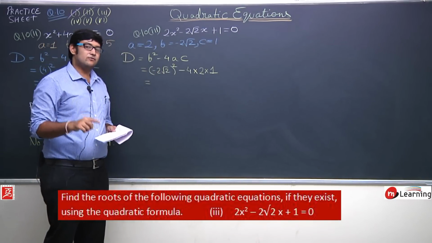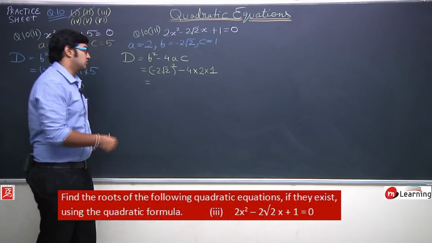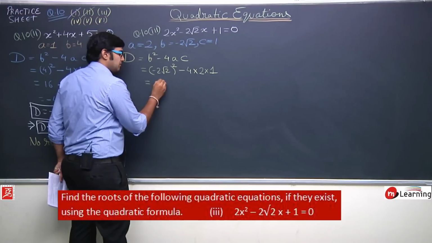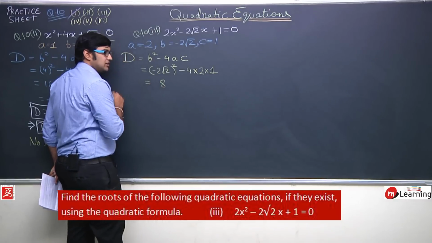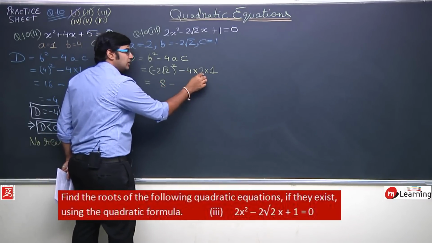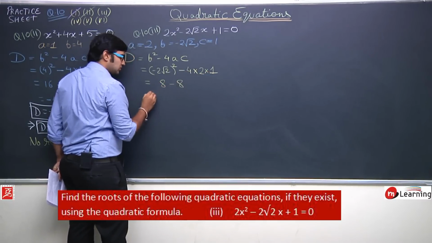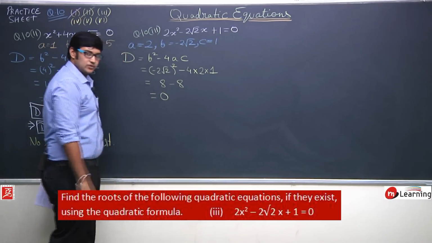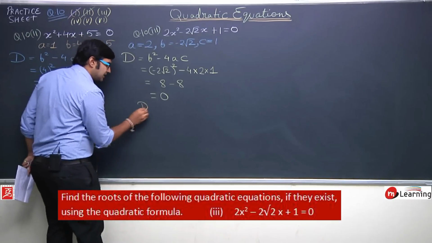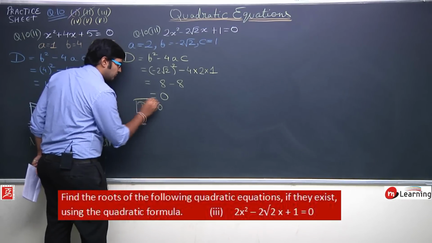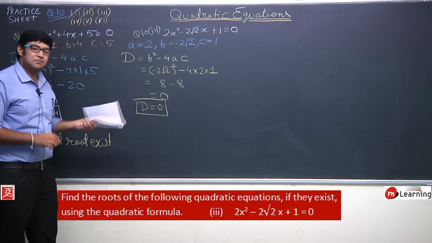So 2 2s are 4, and 4 into 2 will give you 8. So this term will become 8 with a positive sign, minus 4 into 2 into 1 is again 8, so this will give you 0. Now since discriminant d is equals to 0, what does this imply?